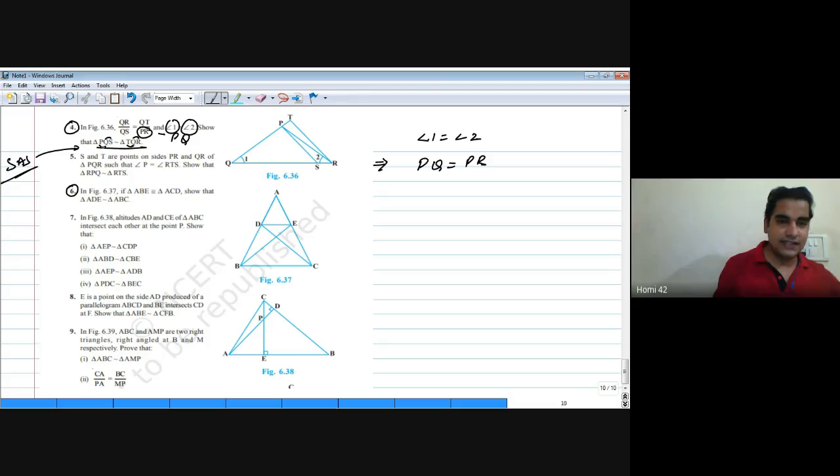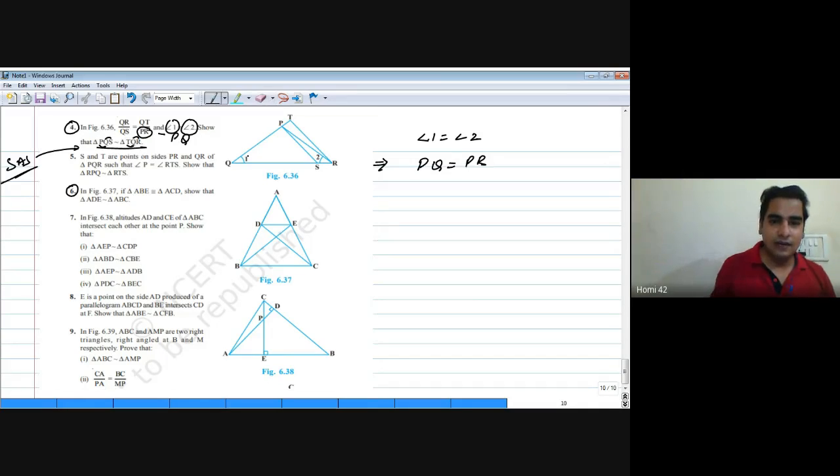Look, the ratio of these sides will be the same, and angle 1, which is a part of triangle TQR, is equal to angle 2. Just a minute, TQR. Okay, and done, Kavinash, nothing else.